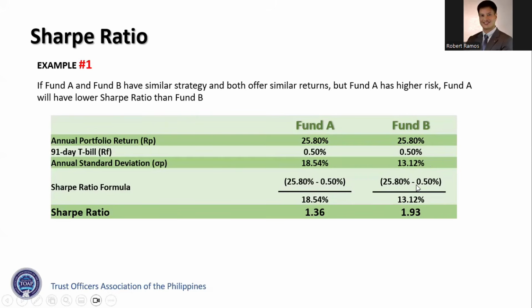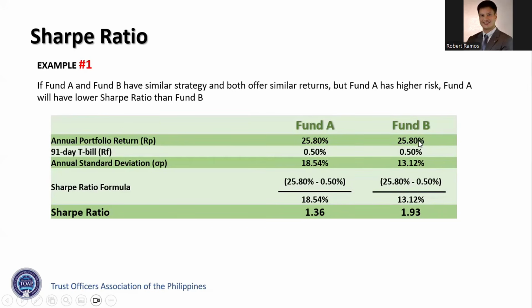For Fund B, it's 25.8, which is also likewise the annual portfolio return, less the risk-free rate, which is the 91 T-bill rate, divided by the standard deviation of the portfolio, which is 13.12 rather.